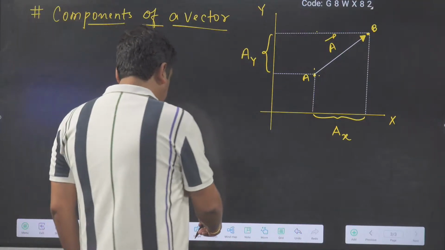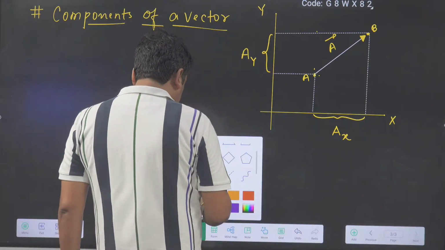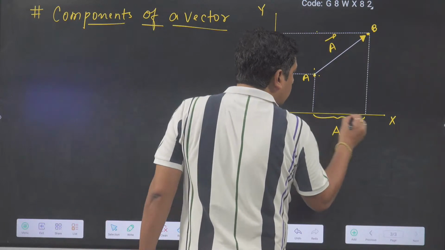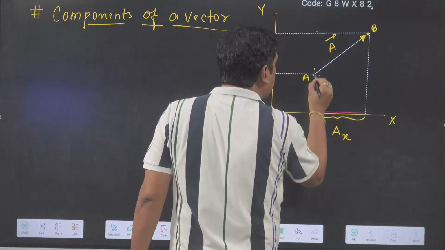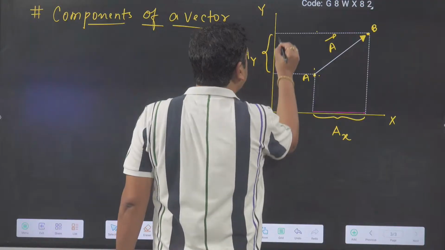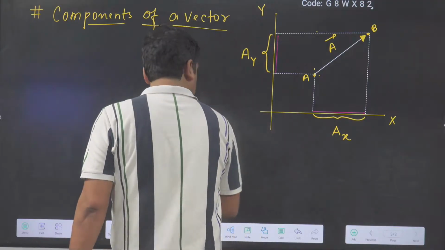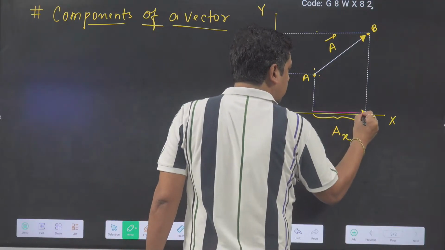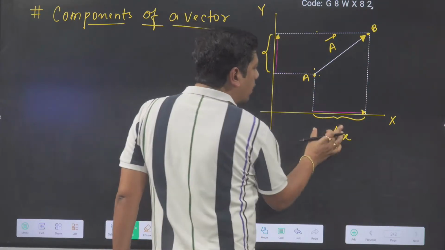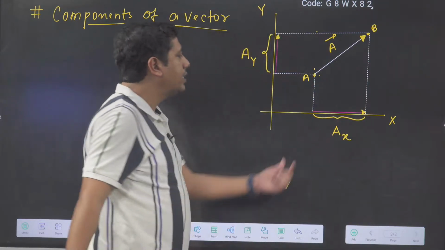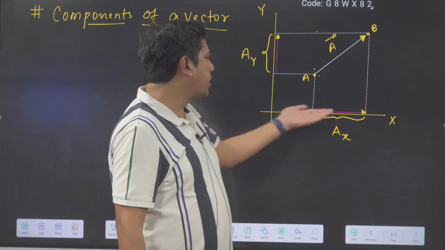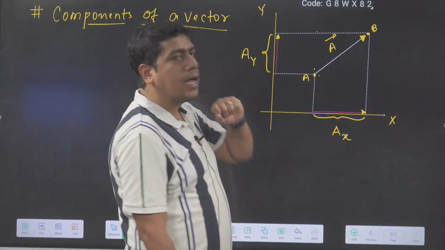Or in vector form, you can draw like this, bacha: it is towards right, and here it is towards up. If they are only interested in magnitude, you can say ax and ay. If in vector form, then you can say ax i cap and ay j cap.